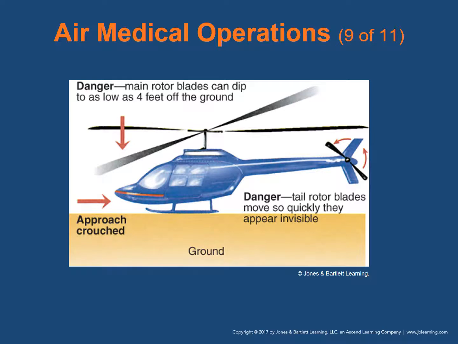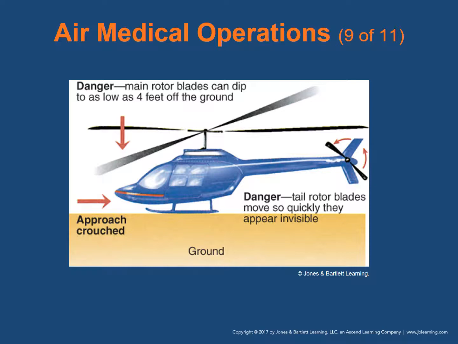Like you can see on this slide, the main rotor blades of a helicopter can dip as low as 4 feet off the ground. Very rarely does this happen, but it is a capability. So it's common practice, no matter how tall the helicopter is, to approach with your head ducked or in a crouching position. You don't have to army crawl over to the helicopter by any means, and on the larger helicopters it's not that much of a risk.